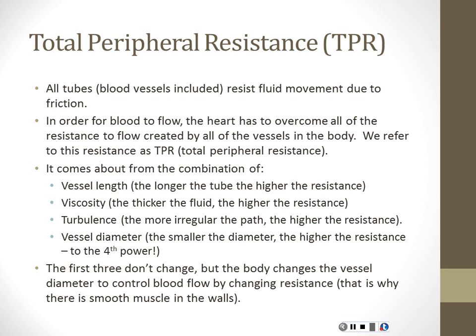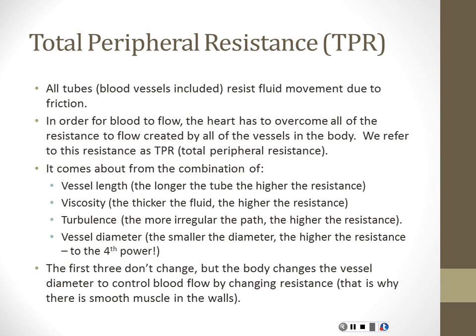That's because of resistance. Okay, so before we can talk about the rest of cardiovascular physiology, we have to learn about this concept of total peripheral resistance. We call it total because it's the sum total of all the resistances of the cardiovascular system to the heart moving blood. Okay, so it's the sum total of lots of things.